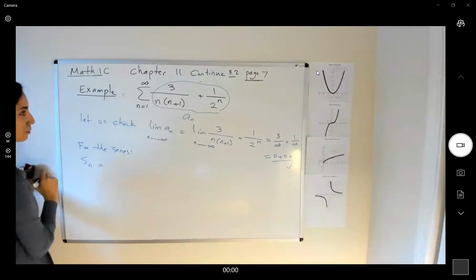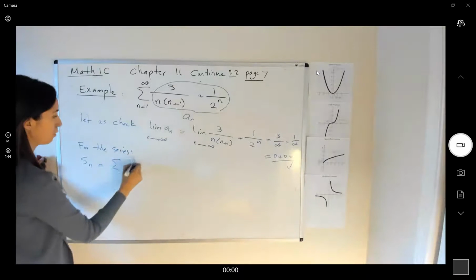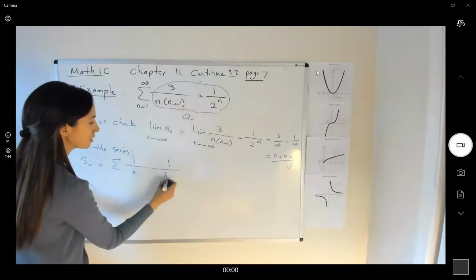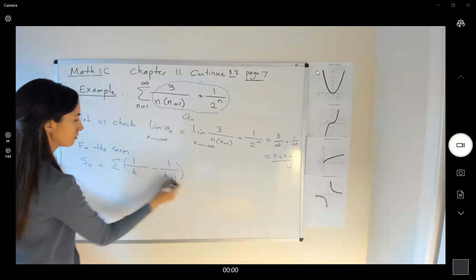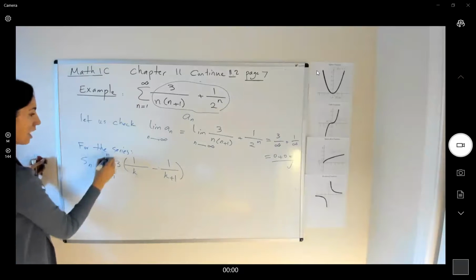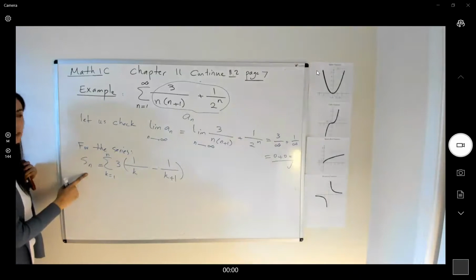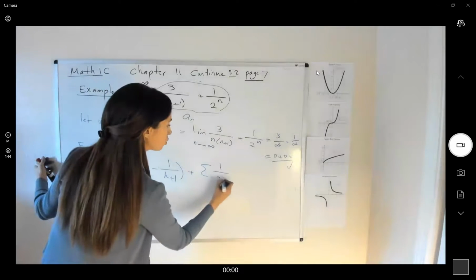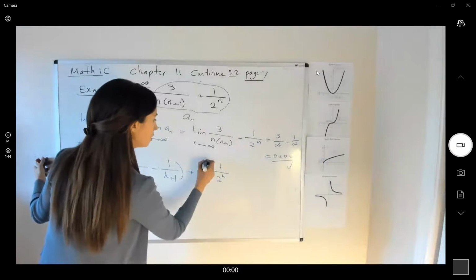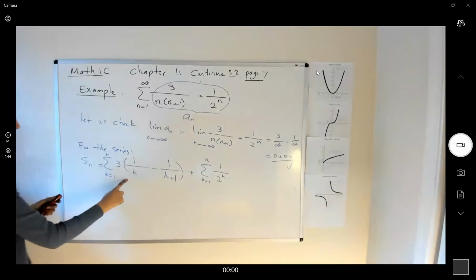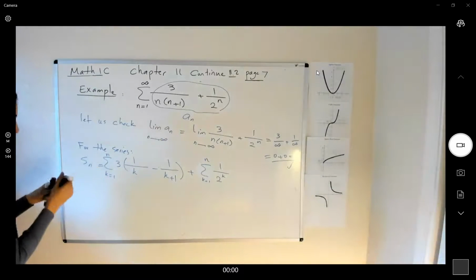S of n can be written as the sum of 1 over k minus 1 over k plus 1, multiplied by 3, where k starts from 1 and goes to n. I'm finding the partial sum, plus the sum of 1 over 2 to the k, k from 1 to n.